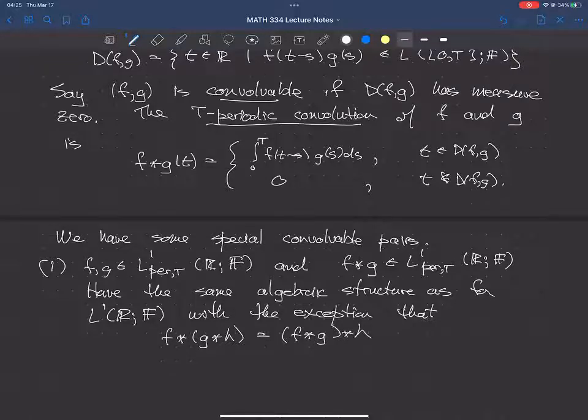Essentially we're talking about signals with a bounded domain here, and that's enough to force associativity of the product in this case.